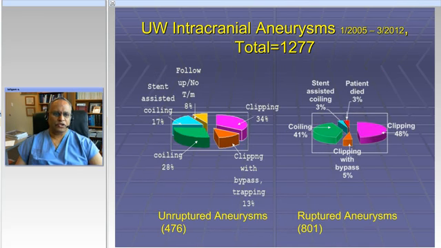In our own institution, we have here a rough idea of a number of aneurysms being treated. But if you look at the figures, you can see with ruptured aneurysms, we are split almost evenly, 50-50 with endovascular and microsurgical treatment.